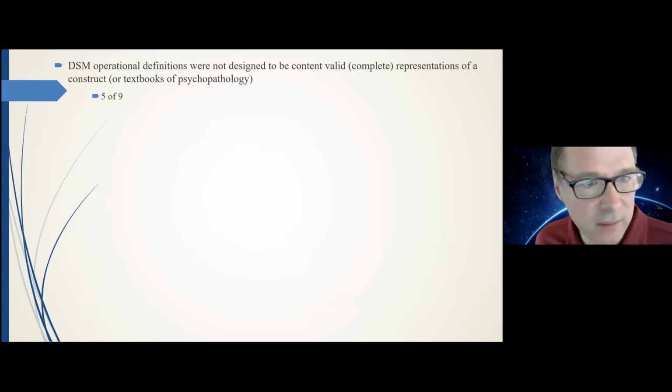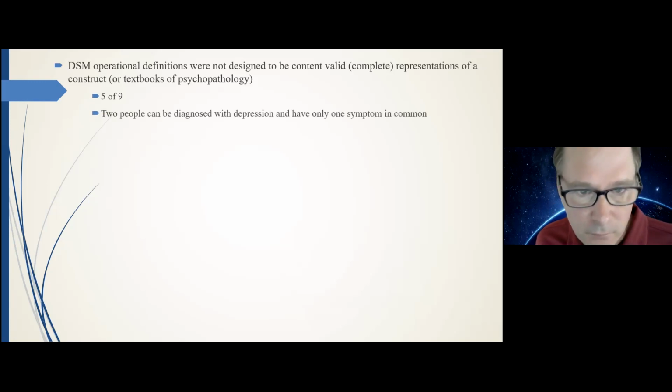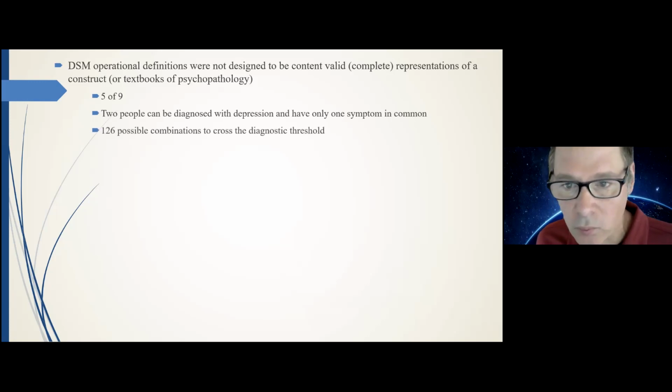Let's take a look at the criticism again. 5 of 9 criteria to be depressed, and 2 people can be diagnosed with depression and have only 1 symptom in common. Another thing people will say is that there are 126 possible combinations to cross the diagnostic threshold. 126 possible ways to be depressed.